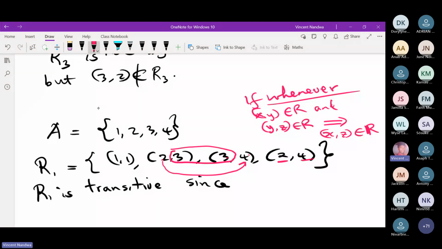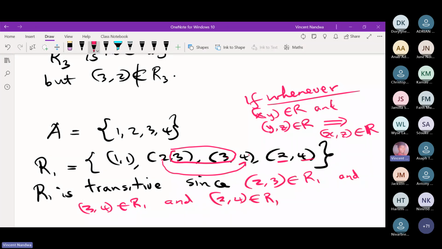So since 2, 3 is in R1 and 3, 4 is in R1, and we have 2, 4 being in R1, that's what makes R1 transitive.